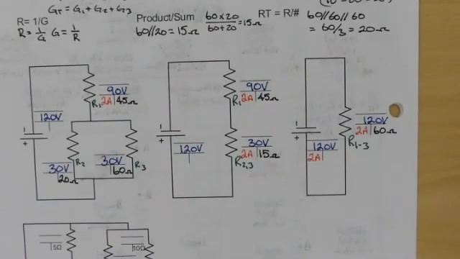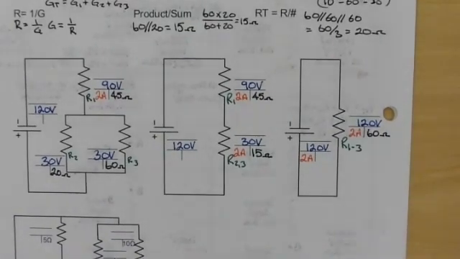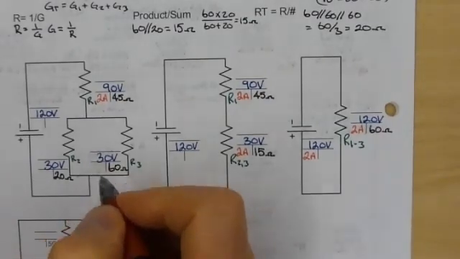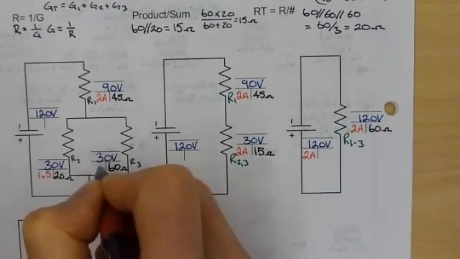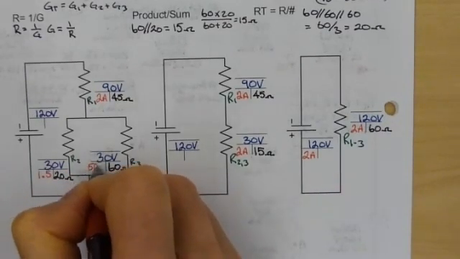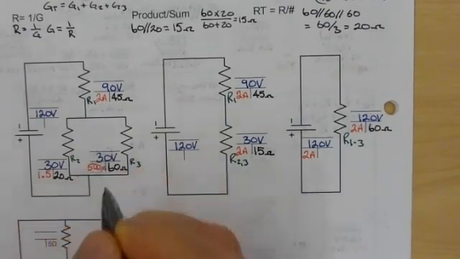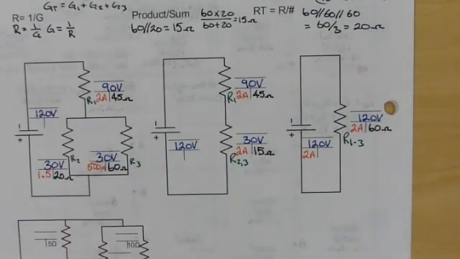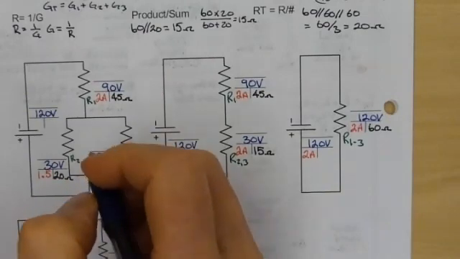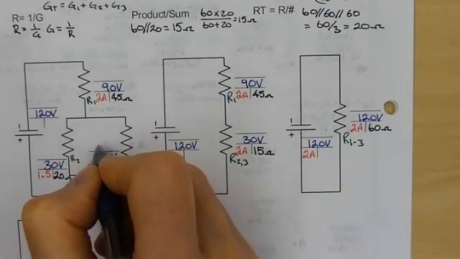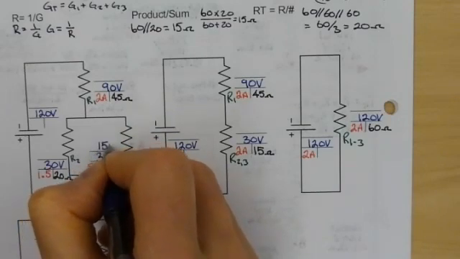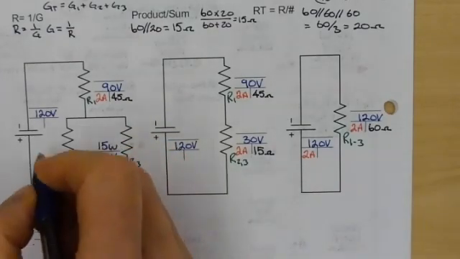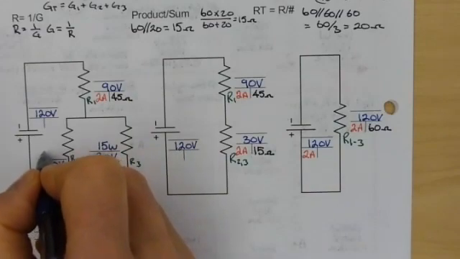So now we can find our amperage in each one of those resistors. Wattage on there, 15 watts. 45 volts.